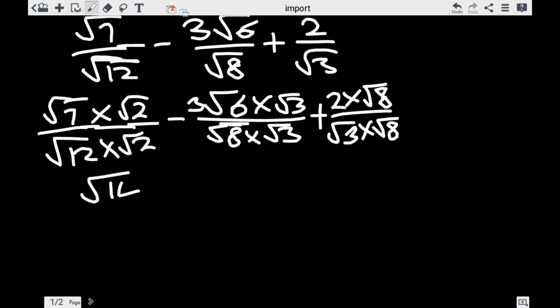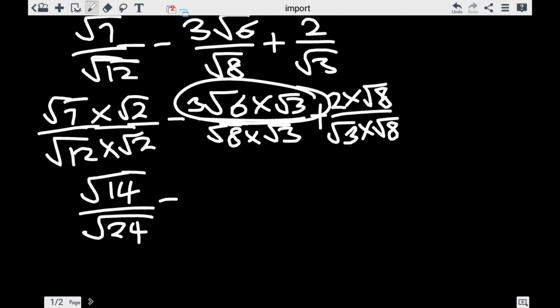So therefore root 7 and root 2 is going to be root 14, because you are going to multiply the content of the square root symbol if you multiply two square root numbers. What is root 12 times root 2? So it's root 24, minus, put it, then what is 3 root 6 and root 3 when they are multiplied together?